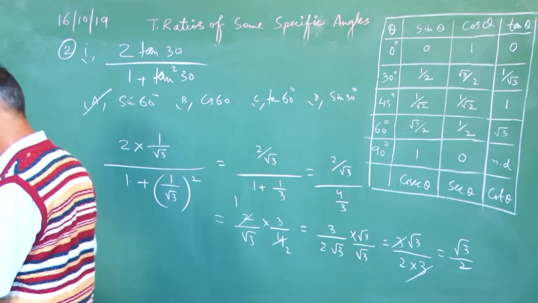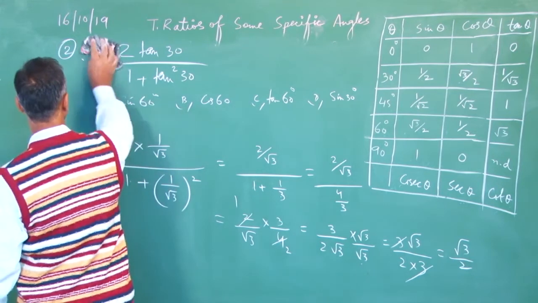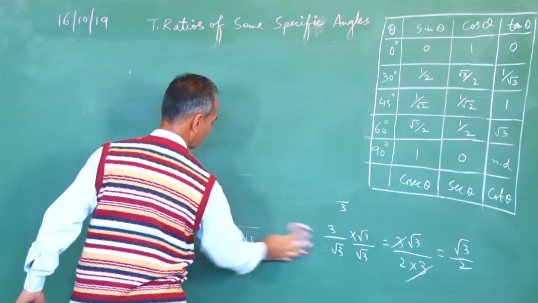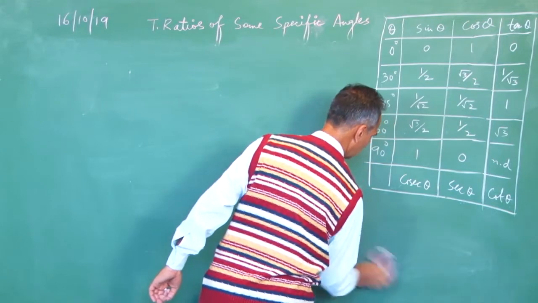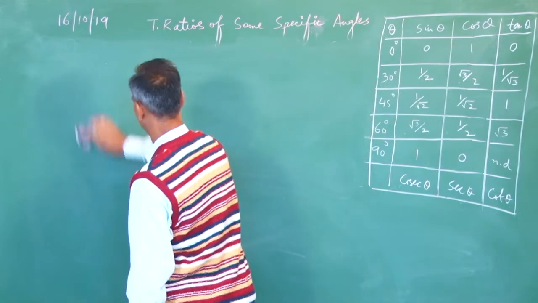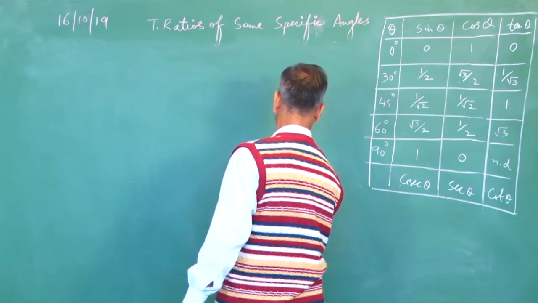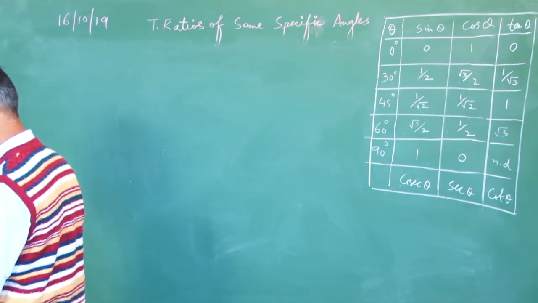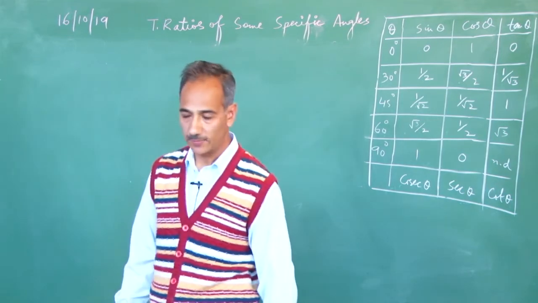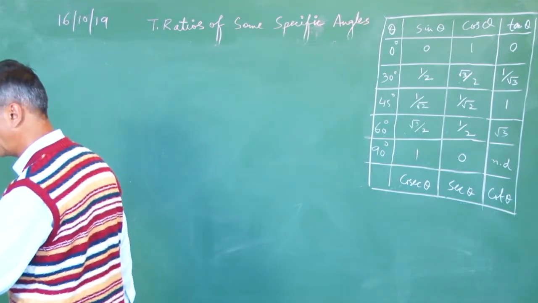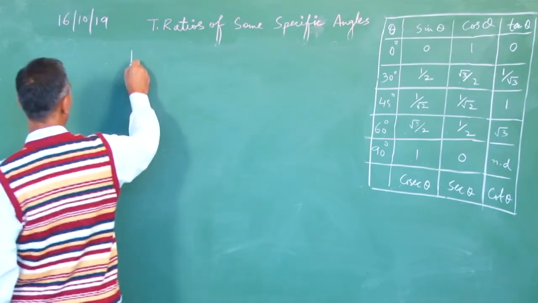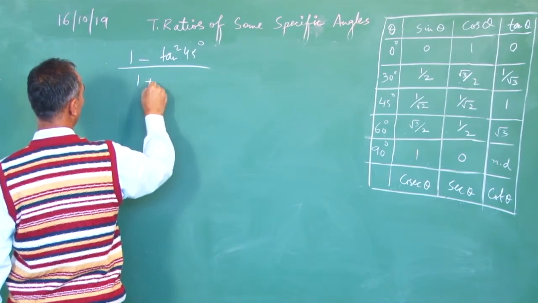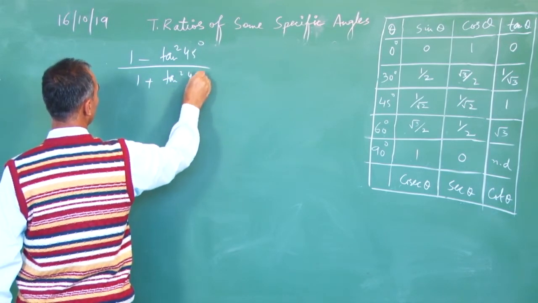One more sum we will take. Second part is 1 minus tan square 45 upon 1 plus tan square 45. Same as we did the first part. So this is second part.